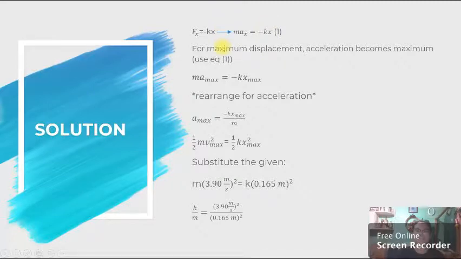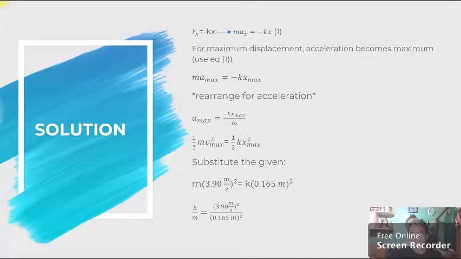For maximum displacement, wherein acceleration becomes maximum, we're going to use equation 1: m a max is equal to negative k x max. Rearranging the equation, a max is equal to negative k x max over m.